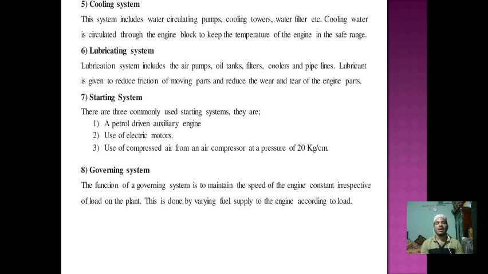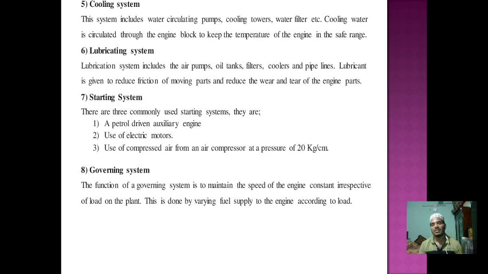As per the requirement of the diesel engine or petrol engine, we should give the cylinder the proper air fuel mixture ratio. As per the common ratio we have to give to the engine, then only it gives good efficiency.